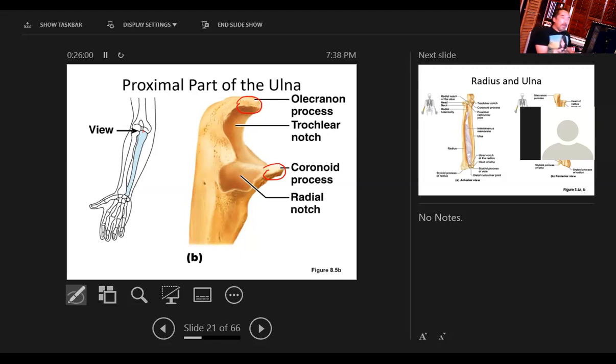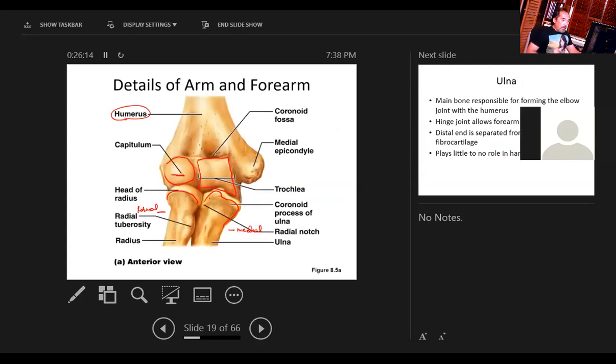Okay, and the top portion is called the olecranon process, which will face to the back, and the front process is called the coronoid process, which is going to be facing at the front. Okay, so I'm going back to the distal end of the humerus and show you that this is the coronoid process of the ulna. That's going to be always in the front. The olecranon process is the one at the back.